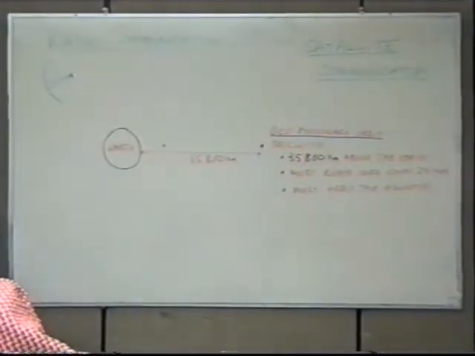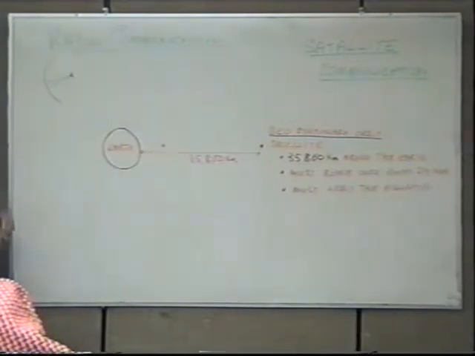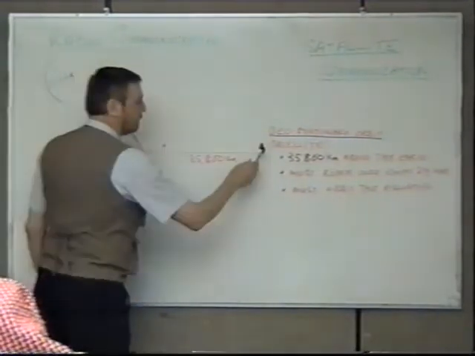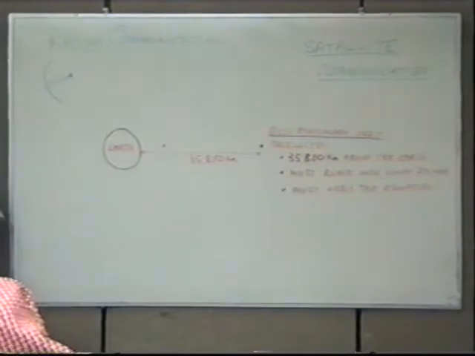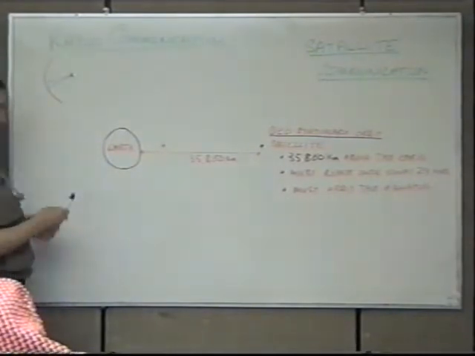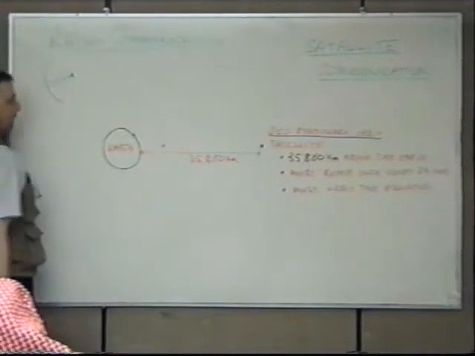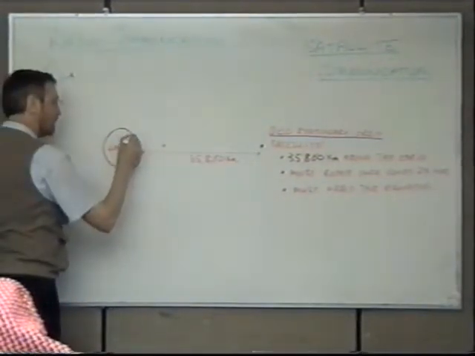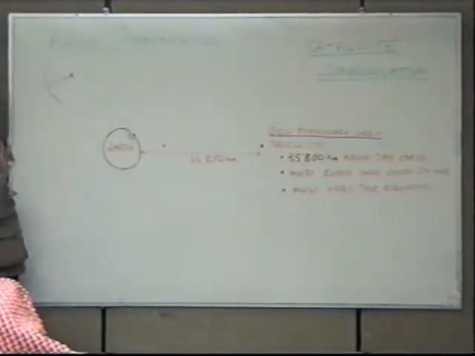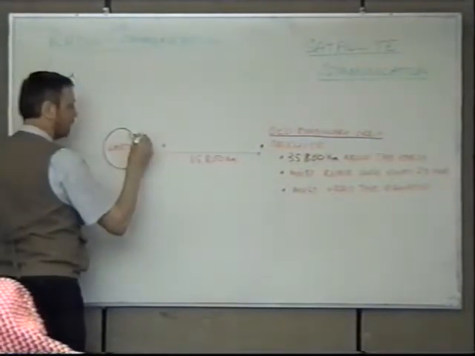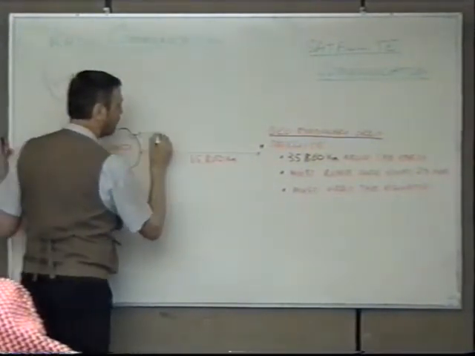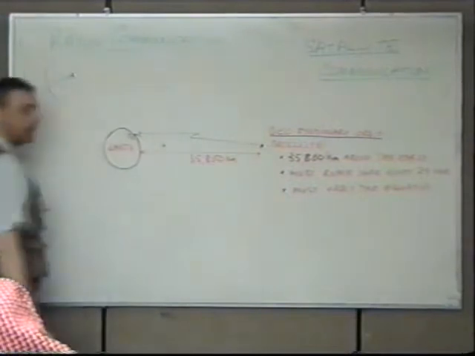Now, how the satellite works, all satellites work on pretty much the same principle. Basically, you can think of a satellite as being a repeater or regenerator of signals in its simplest form. So what happens is you have a ground station somewhere where you will site your transmitter, and it will have an antenna which will beam a signal to the satellite.